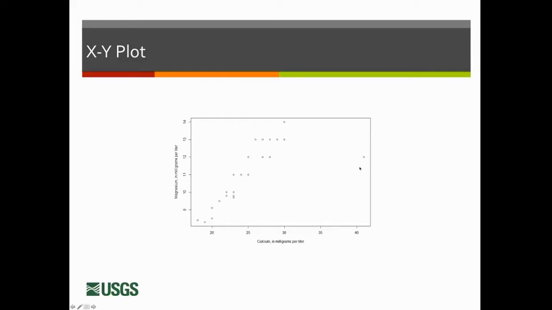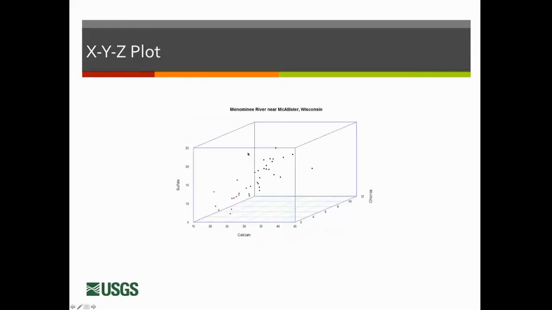Another indicator that you might want to check into that point: was there a data entry error, what happened there. You can also, within R and other programs, do three-dimensional plots. Oftentimes you have to spend some time rotating these to really get a good view of the data to take advantage of that three-dimensional view.